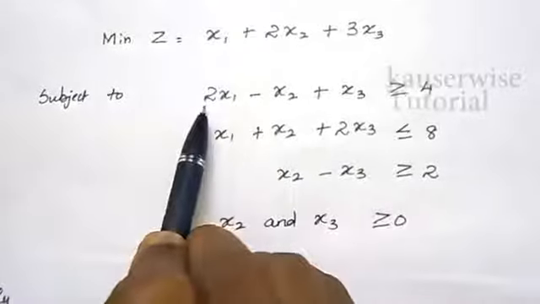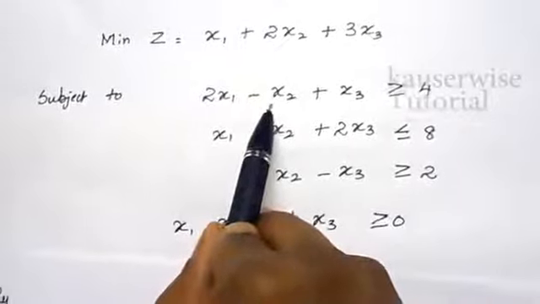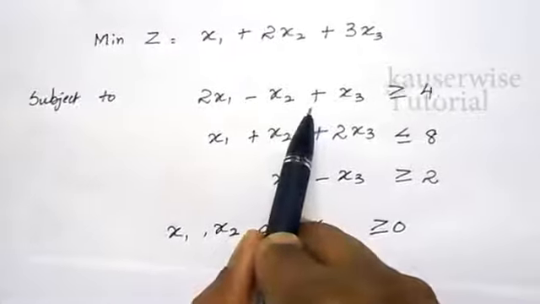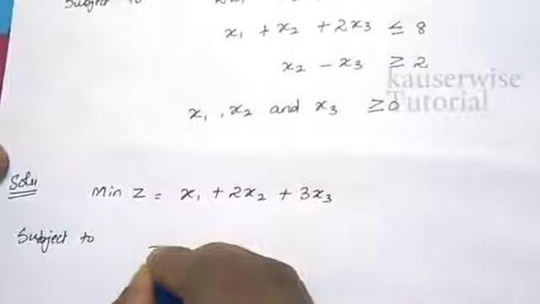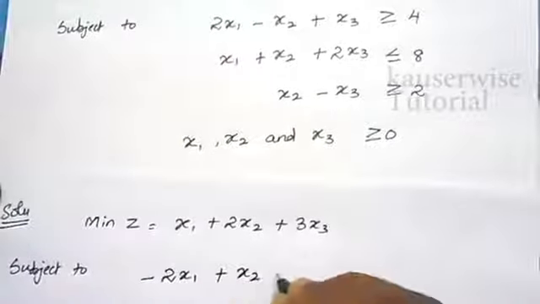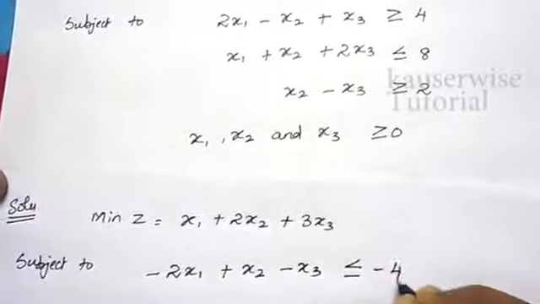So the first one, 2x1 will be minus 2x1, minus x2 will be plus x2, plus x3 will be minus x3, and 4 will be minus 4, less than or equal to minus 4.